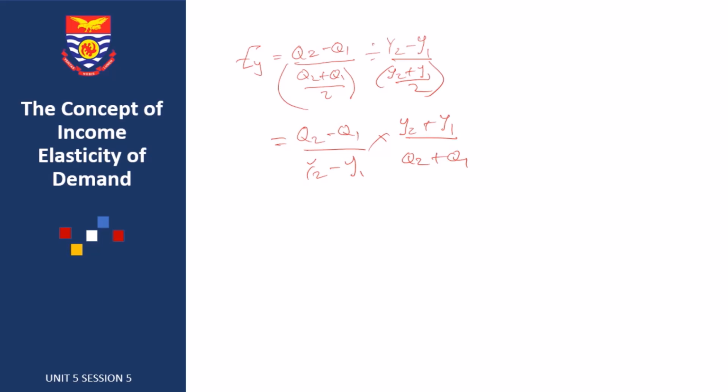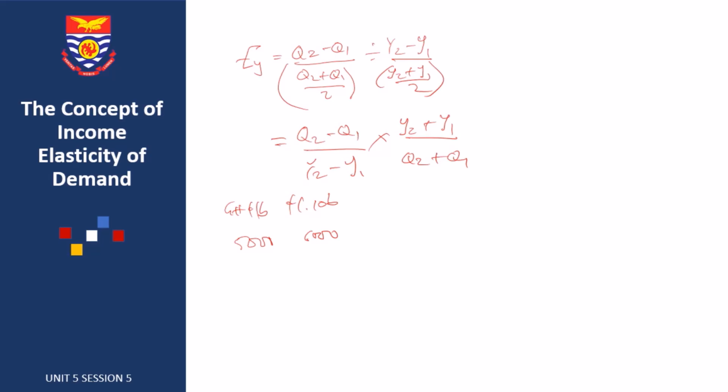So let's take an example. Assume there is an increase in disposable income in Ghanaland from 1 billion Ghana cedis to 1.1 billion Ghana cedis, associated with an increase in bike sales in the country from 5,000 units to 6,000 units. We want to determine the income elasticity over this range.